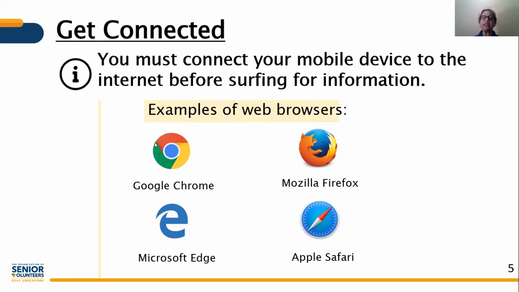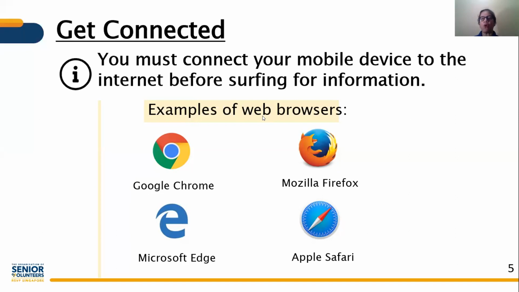I have downloaded Google Chrome on both my computer and my handphone. Google Chrome comes from Google, Microsoft Edge comes from Microsoft. Another web browser is Mozilla Firefox, and if you have Apple products, generally you have Apple Safari. These are web browsers.